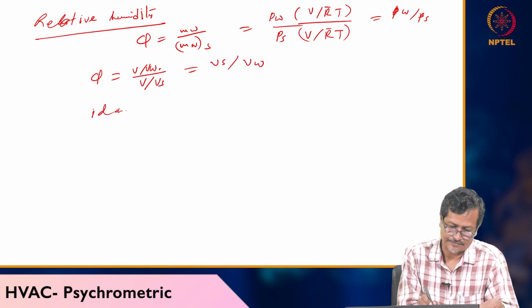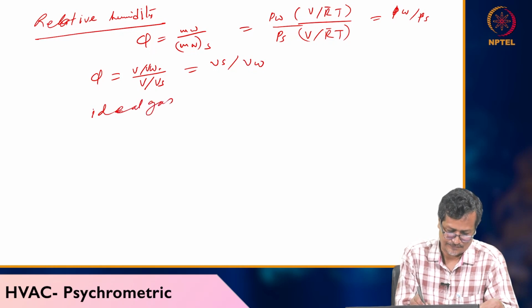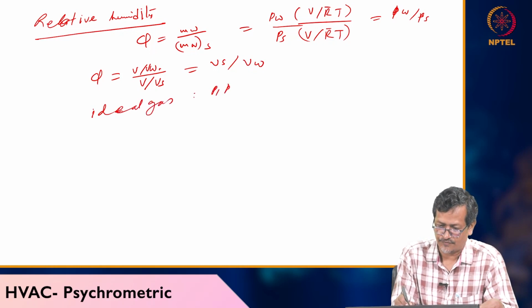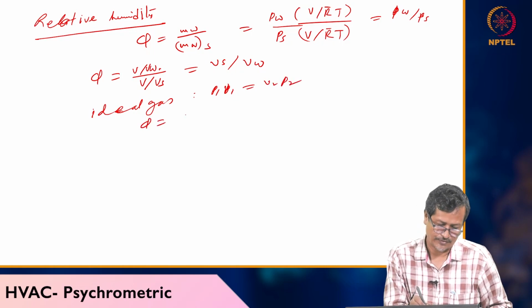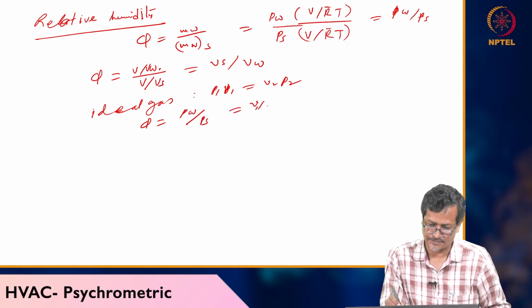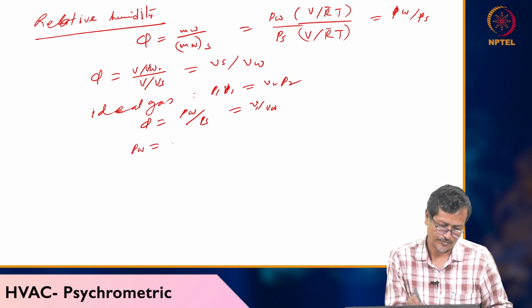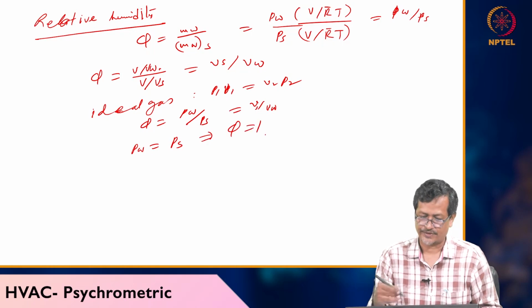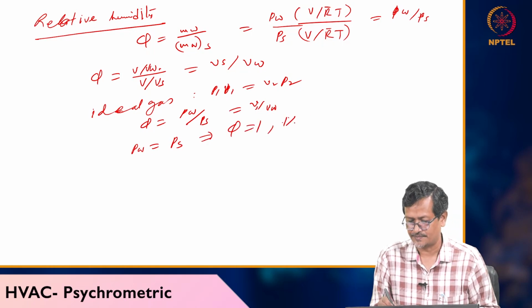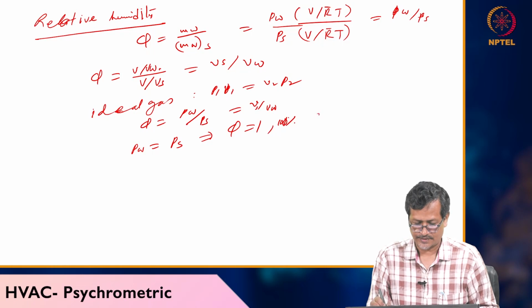Ideal gas, P1 V1 equals P2 V2. Phi equals PW by PS, Vs by Vw. So PW equals PS implies phi equals 1. So air is 100% saturated.